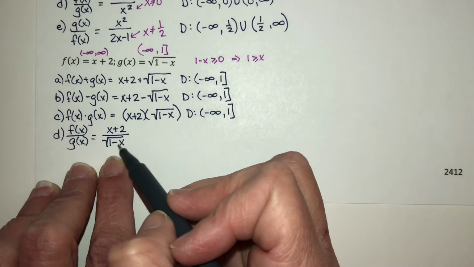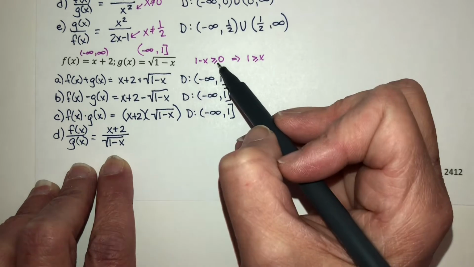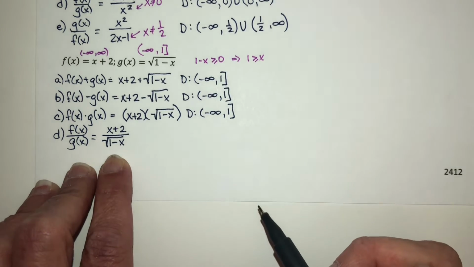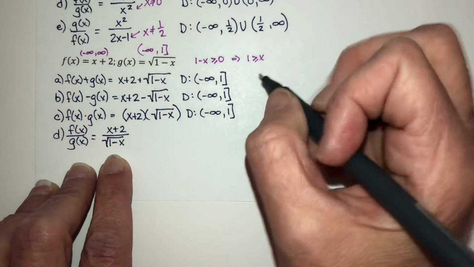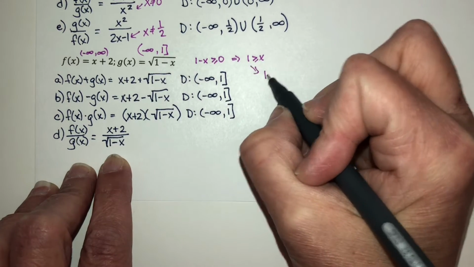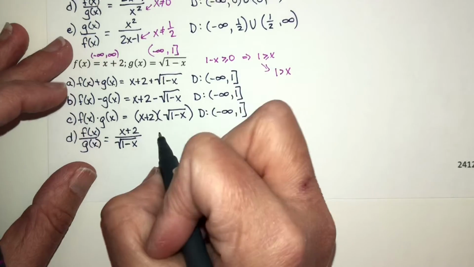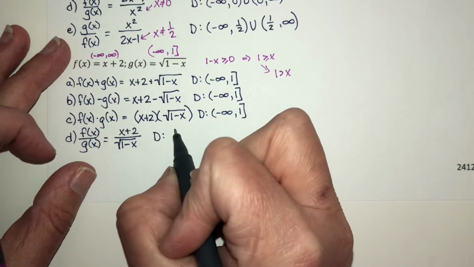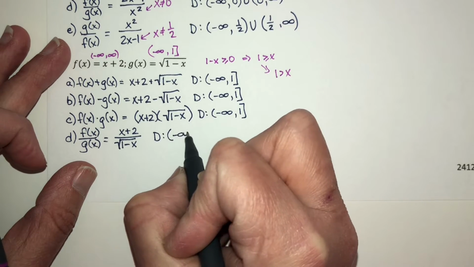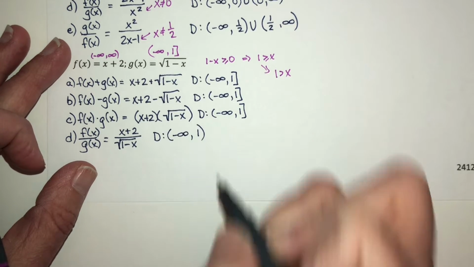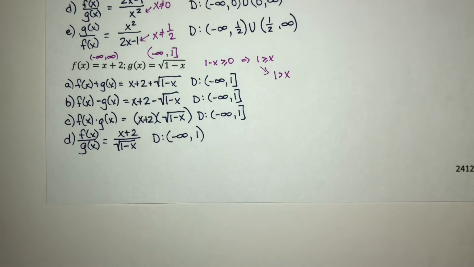But now, since this is in the denominator, I'm no longer allowed to equal 0. So if I'm not allowed to equal 0, then this just becomes 1 is greater than x. So now the domain is from negative infinity to 1, but with a parenthesis instead of a bracket.